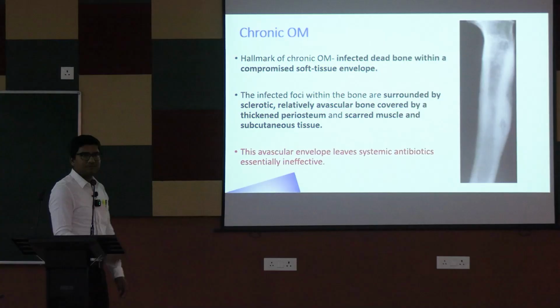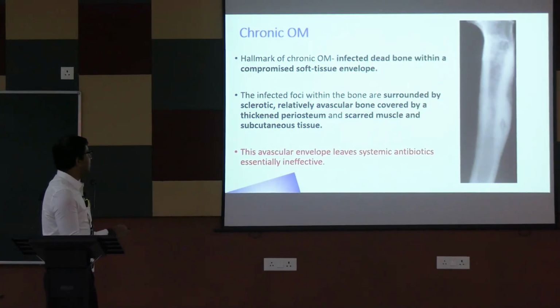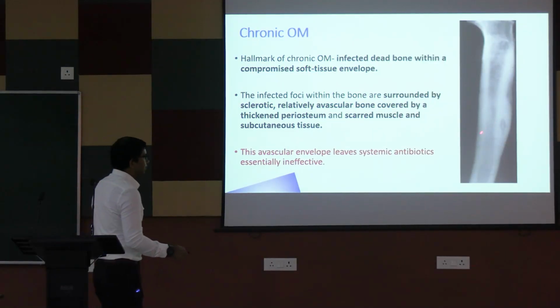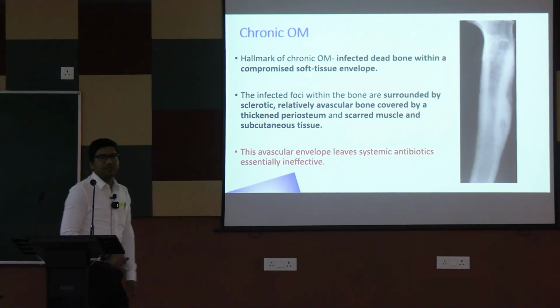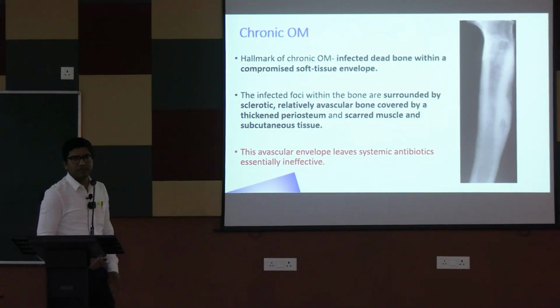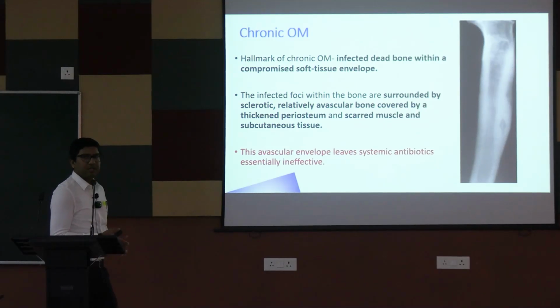Now the chronic form. The most important feature is that there is an infected focus inside the bone, and the surrounding tissues are really compromised. It could be a defect in the surrounding tissues. They may be compromised in blood supply. They could be ischemic. These are the main features of the chronic form.